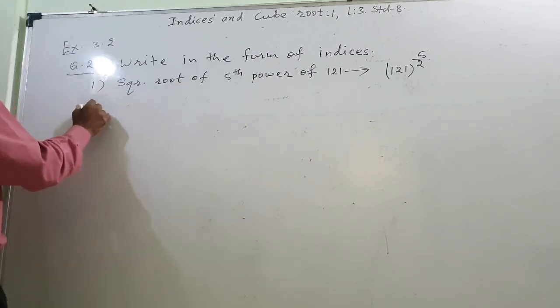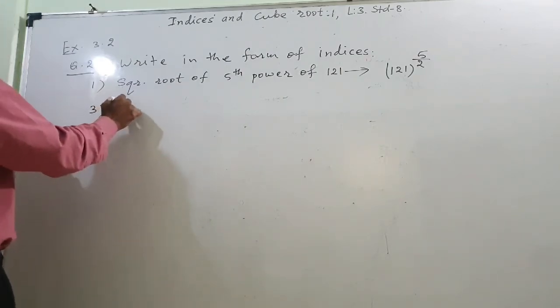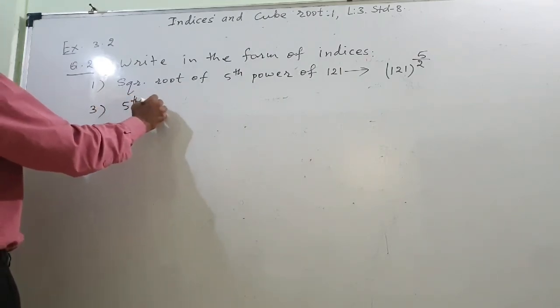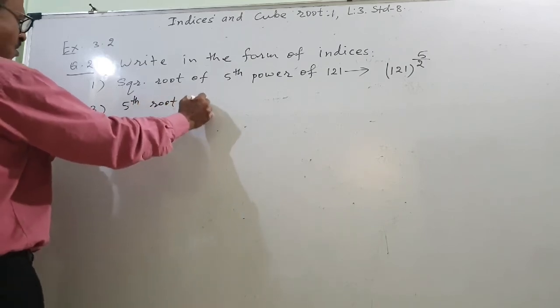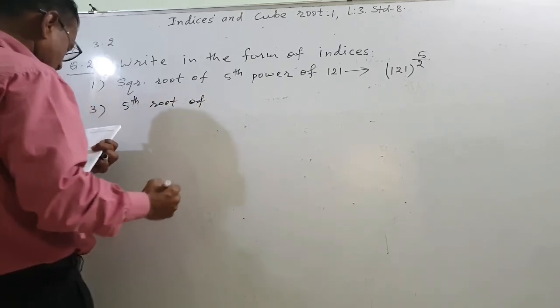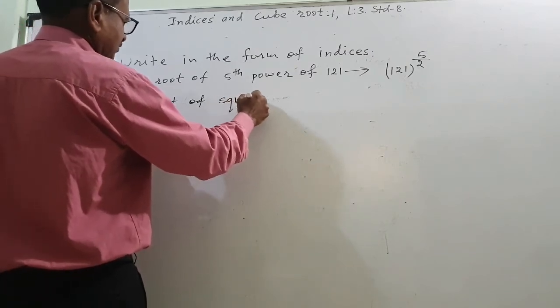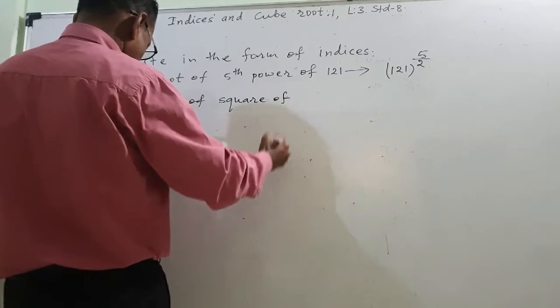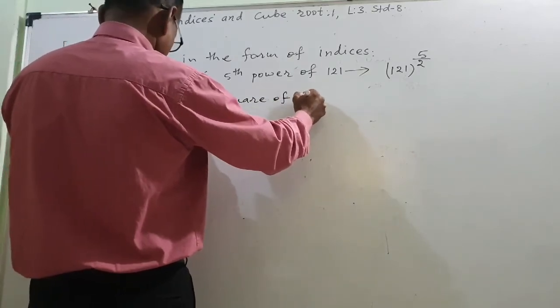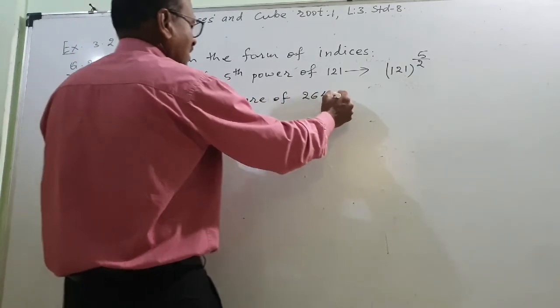The third one I will take, fifth root of square of 264.